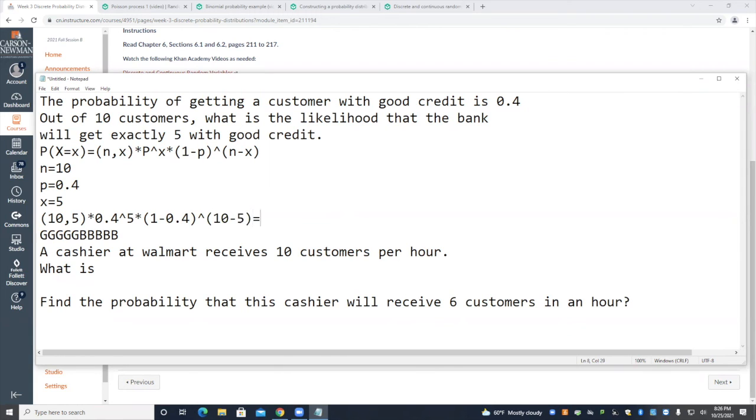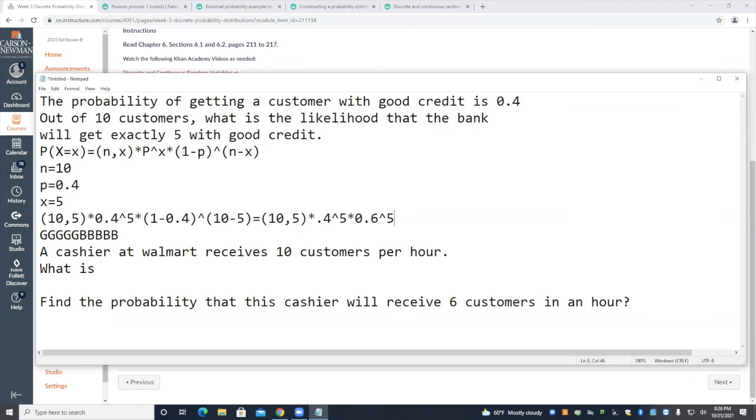So it's basically equal to 10 choose 5 times 0.4 to the 5 times 0.6 to the 5. Okay, everybody follow that?